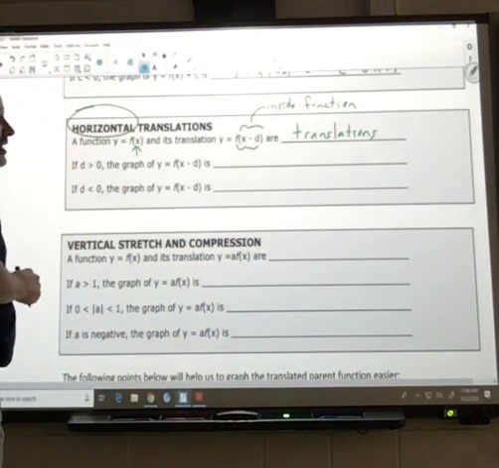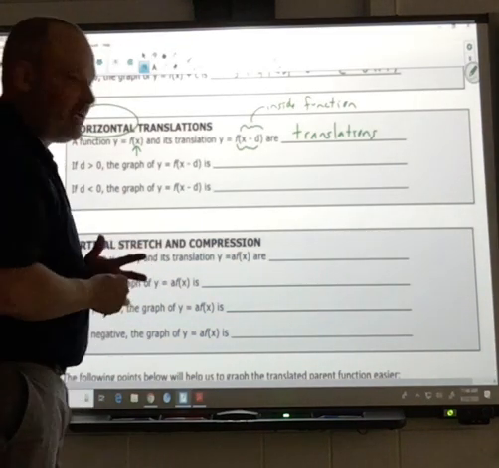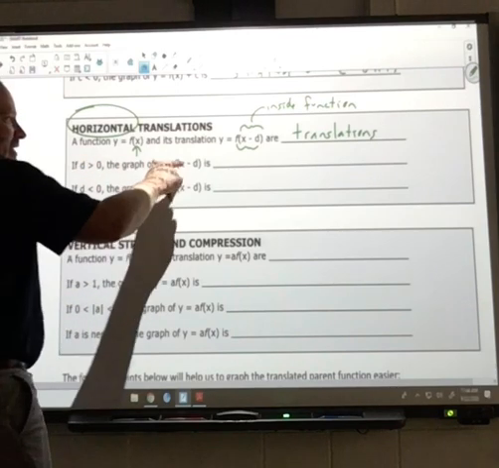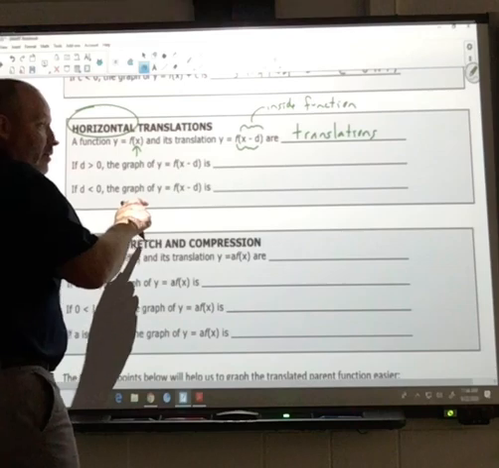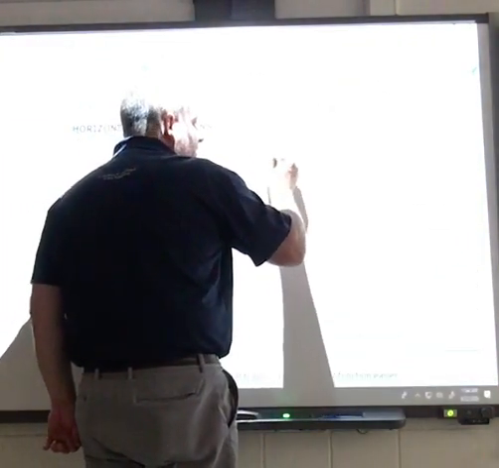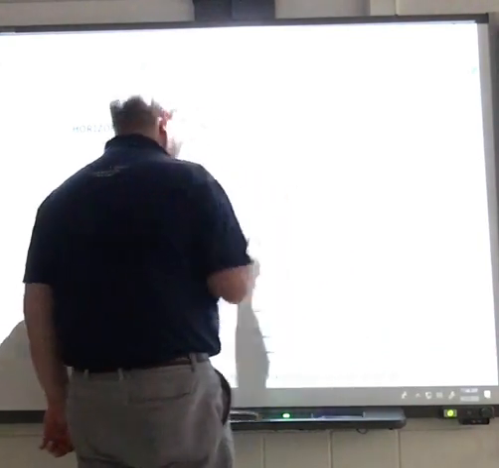We use the letter D for this one, not an H and a K anymore. So if D is greater than 0, if D is like a plus 4, then it's going to be shifted this way.